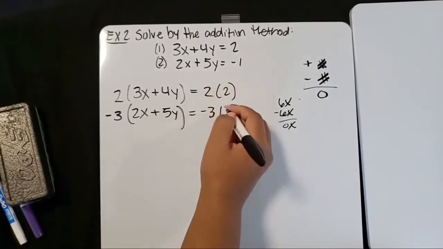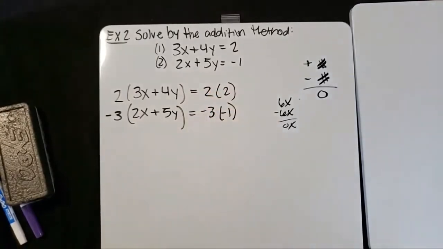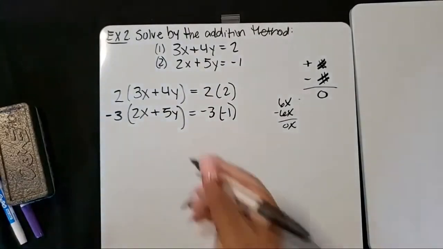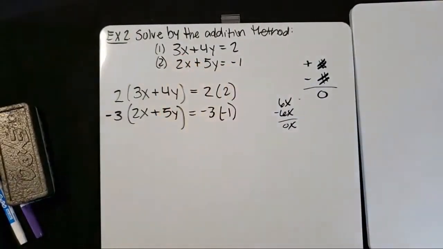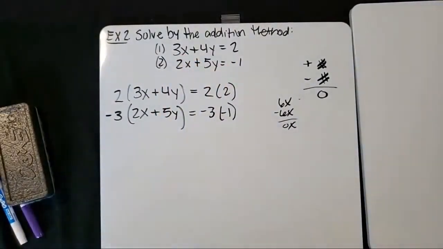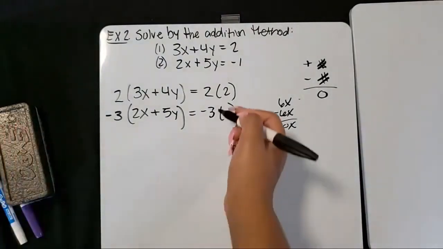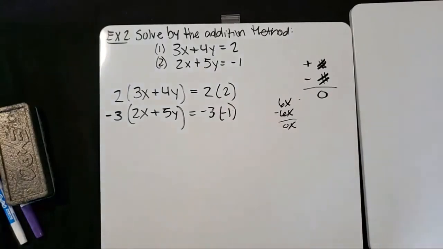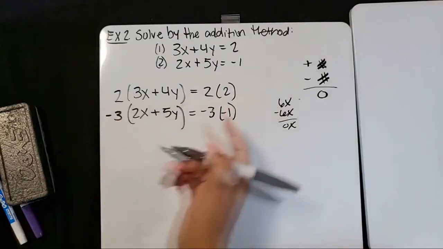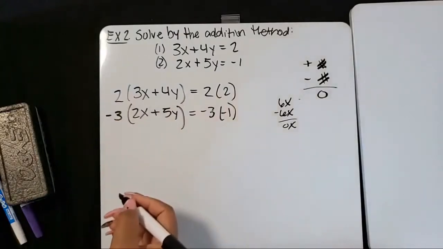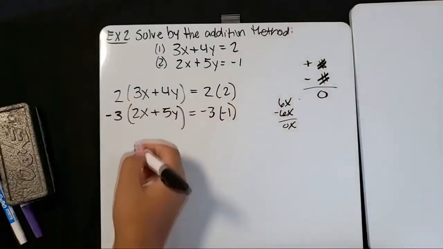You can write it like this. However, I tend to just put parentheses around the whole equation and put a number out in the front. Really doesn't matter as long as you're multiplying each and every term in that whole equation by that number.